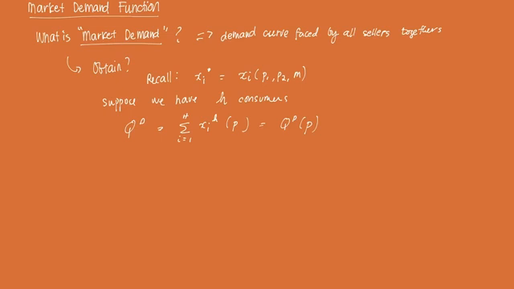Now, as a property, if you recall, there are some properties of Marshallian demand functions, and the first property is that if you derive a Marshallian demand function with respect to P, it is less than 0, which gives rise to our law of demand, which suggests that a consumer will demand less of a good if its price increases.